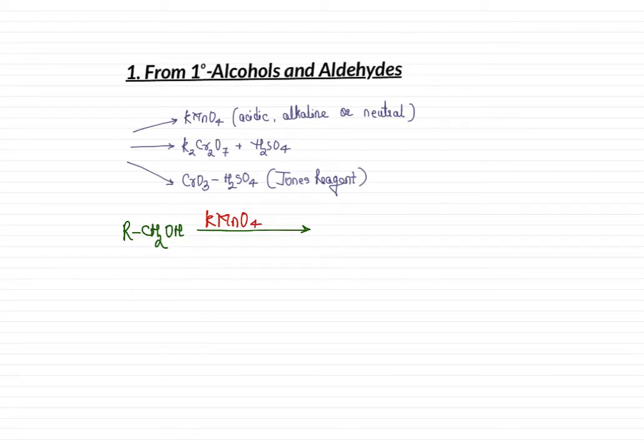Now, remember, in acidic conditions, when you carry out such reactions, what happens is your alcohol is converted into carboxylic acid, like for example, if I consider this as H plus, what you get is RCOOH. But what exactly happens is this carboxylic acid which is produced here may start reacting with the unreacted alcohol, and because the condition is acidic, it may also lead to formation of esters.